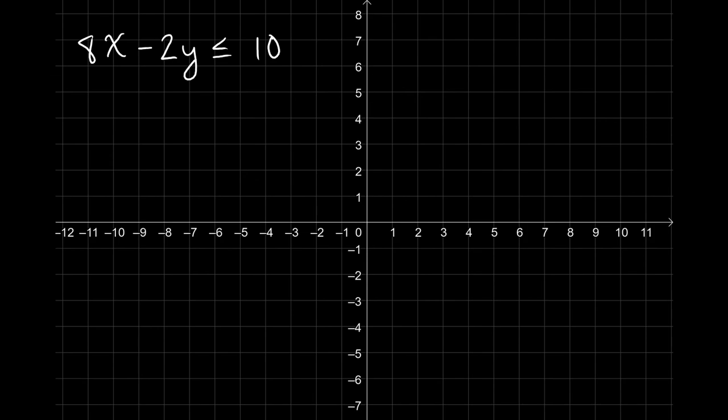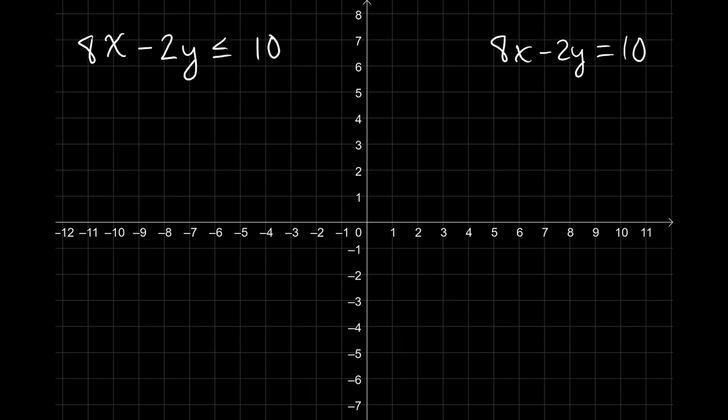Okay, so let's look at 8x minus 2y is less than or equal to the number 10. I'm going to begin by just considering the equality, 8x minus 2y is equal to 10. I'm noticing that because this contains the less than or equal to symbol, the boundary line points will be included, so I'm going to make this a solid boundary line.